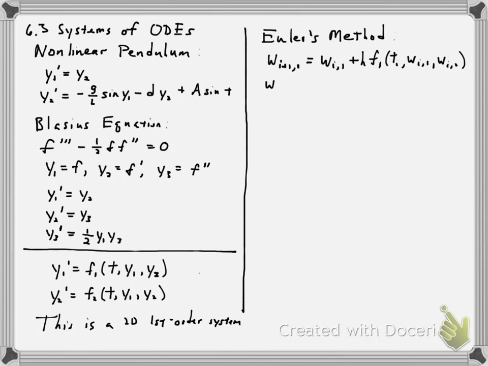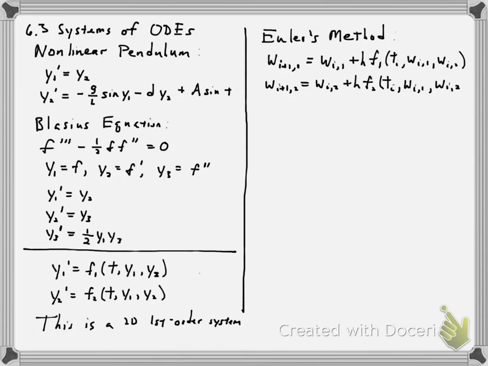And w sub i plus 1, 2, which is our approximation of y sub 2, is w sub i 2 plus h times f2 evaluated at t sub i, w sub i 1, and w sub i 2.